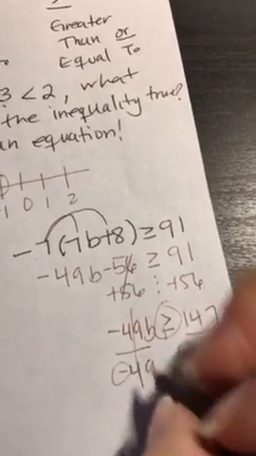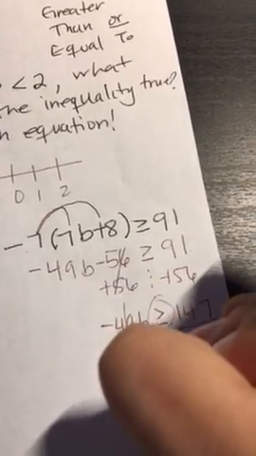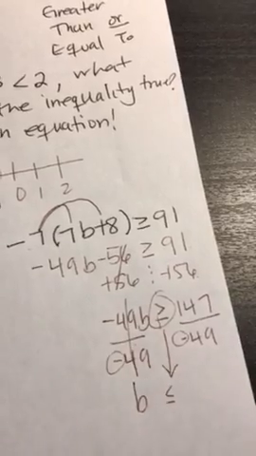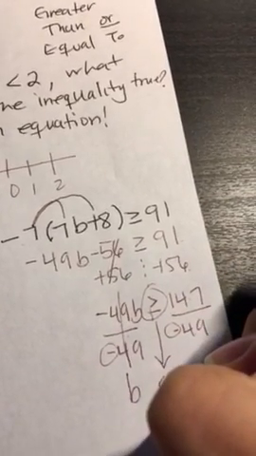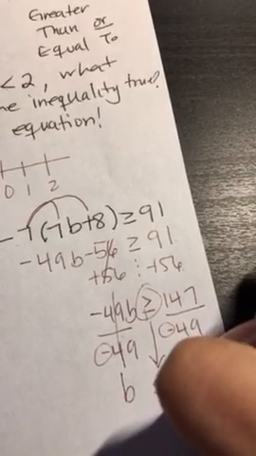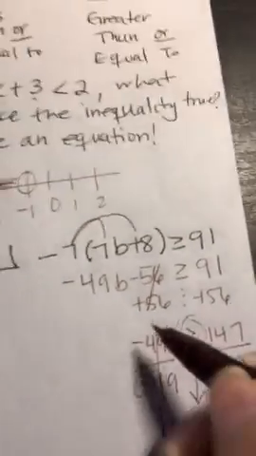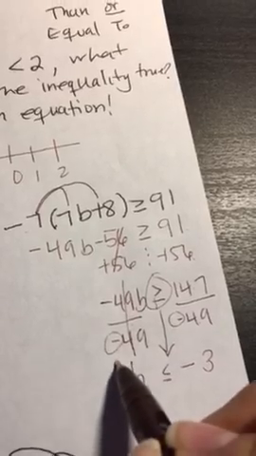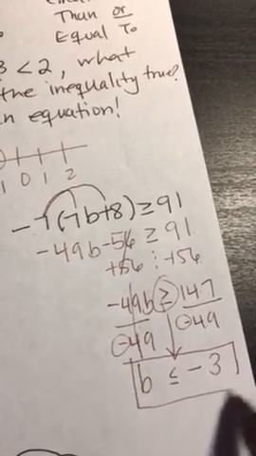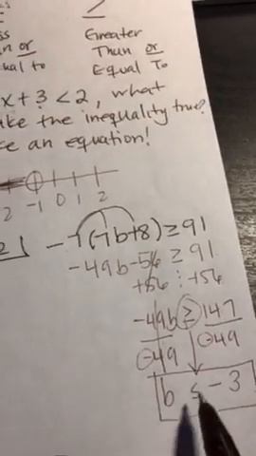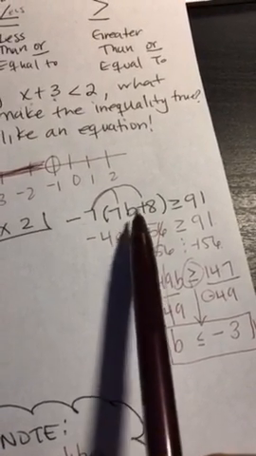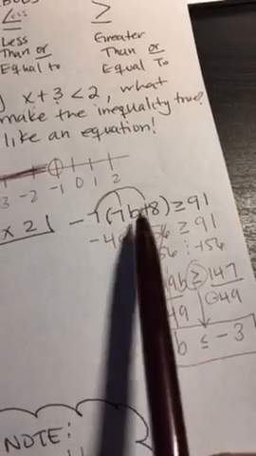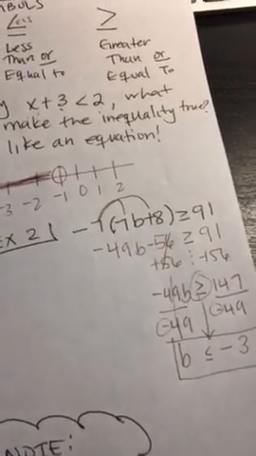So this here becomes b, and this sign flips and goes this way. And 147 divided by negative 49 is going to be negative 3. So in order to make this inequality true, all the values that would make it true are anything less than or equal to -3, so -3, and anything less than that, -4, -5, and so on.